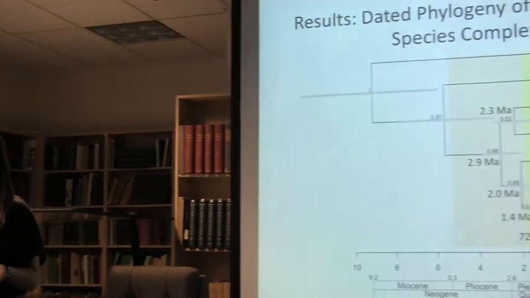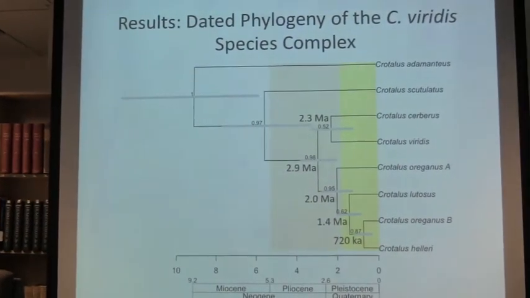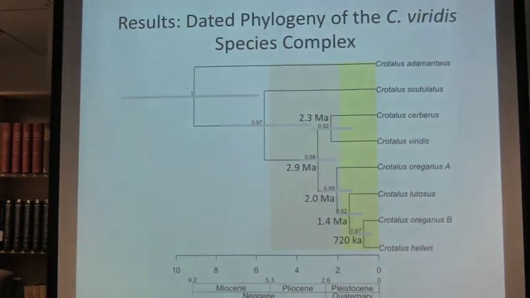So using hypothesis 9 as my a priori species designations for inference of a dated phylogeny, we see the species phylogeny shown here, and all divergences within the Crotalus viridis species complex fall within the Pliocene or Pleistocene here.